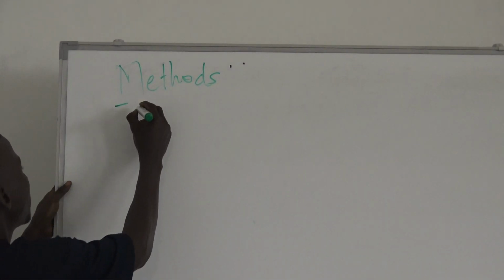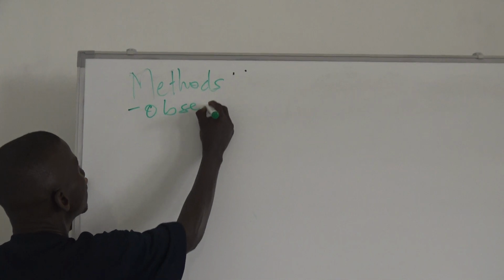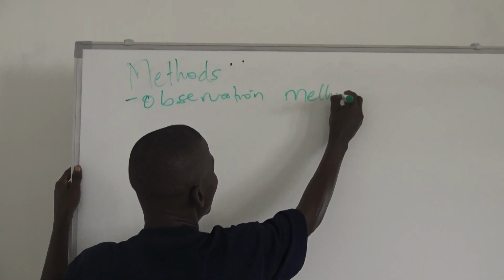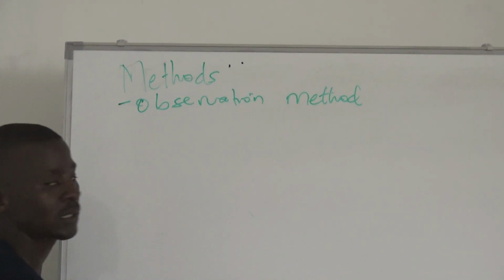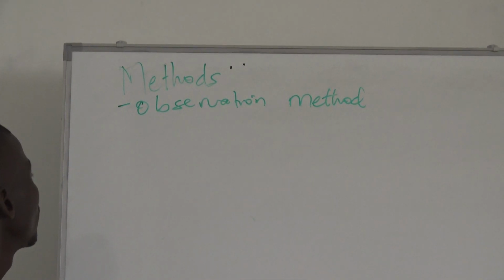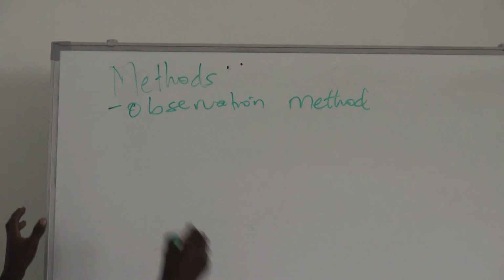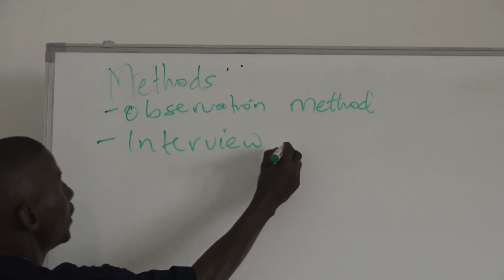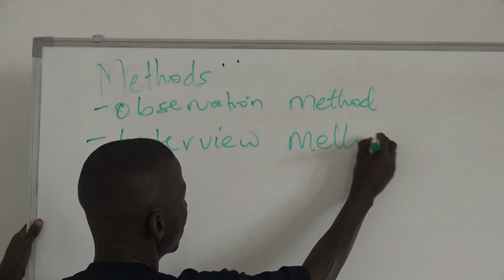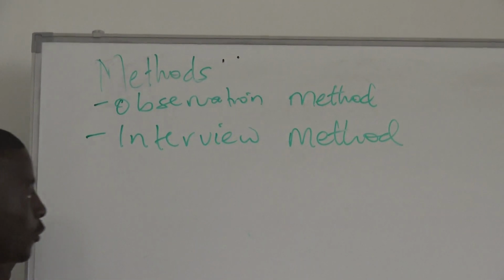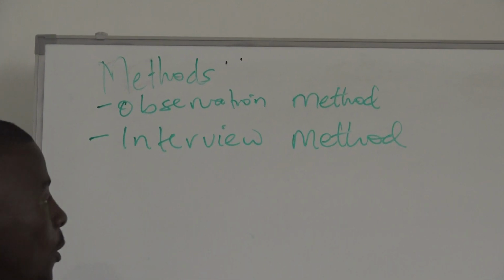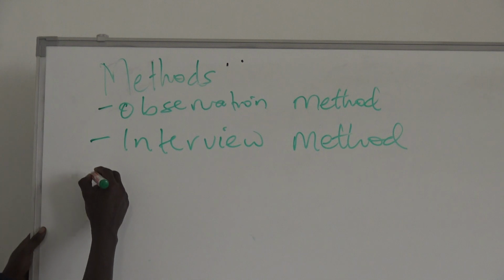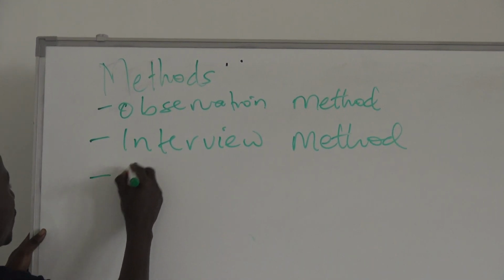The first method of data collection is called the observation method. That is the first method of data collection. The second method is called interview method. The interview method of data collection. Then from interview, we can go to questionnaire method.